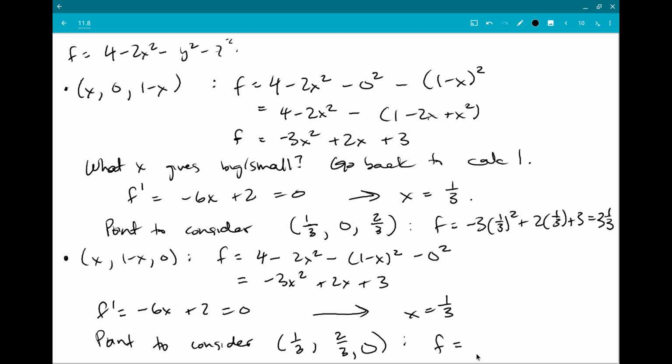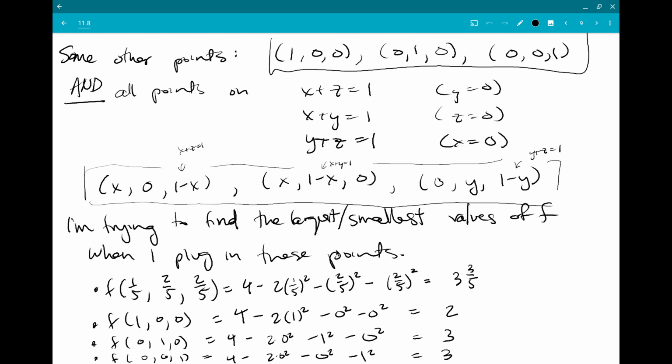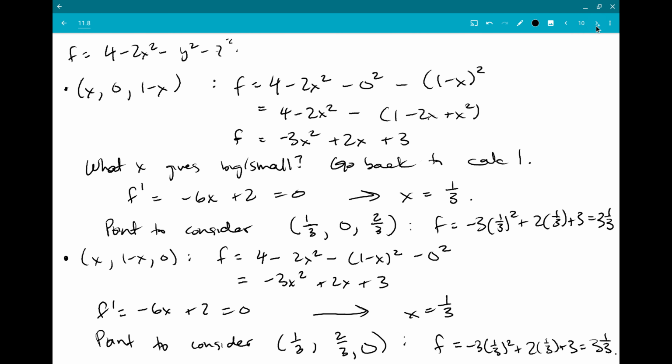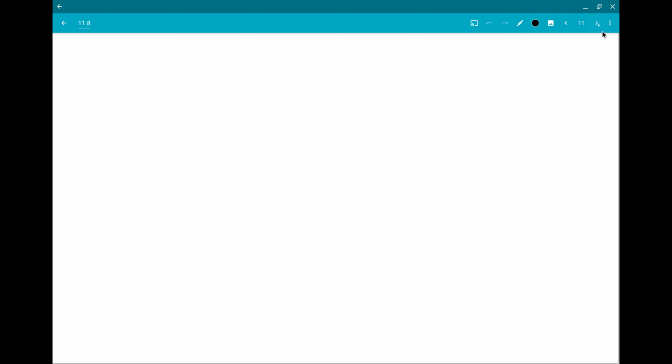But f will have the exact same evaluation as before, giving us 3 1/3 for the answer. And before I move on, I haven't been boxing these, so I won't. I guess we'll just go back and select the ones we care about later.